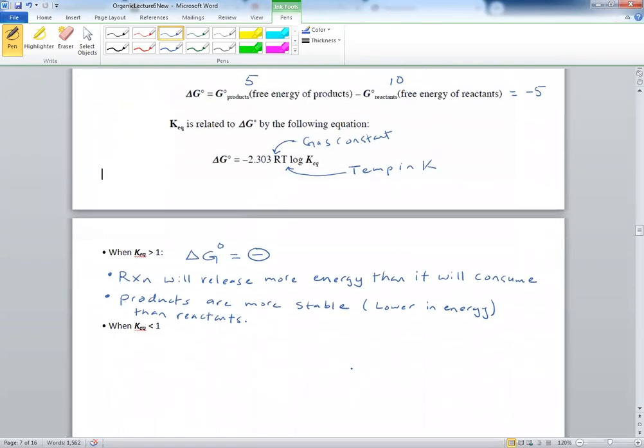Now, the reverse is true. If you have KQ smaller than 1, you get delta G to be positive.